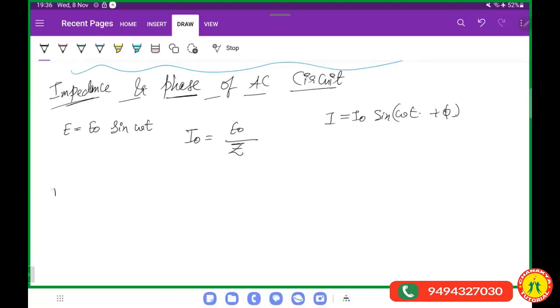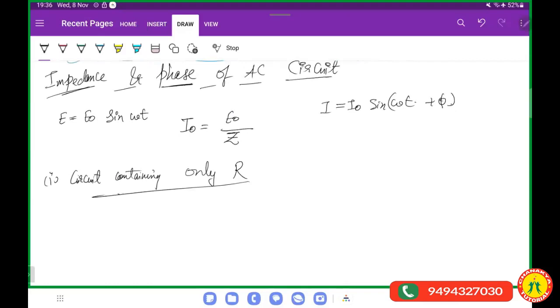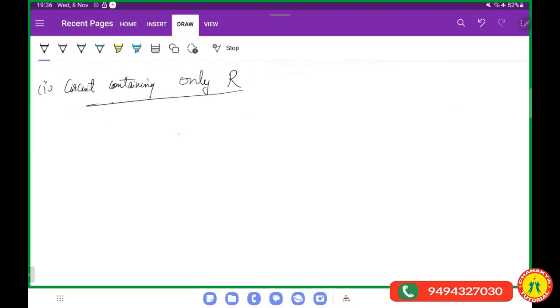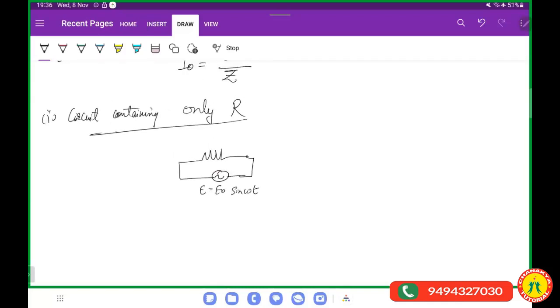So the first thing we'll start with is a circuit containing only R. R means resistor. So let's draw the AC symbol. E equals E naught sine omega t.